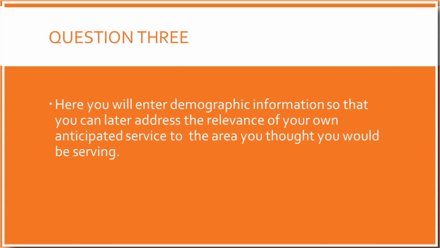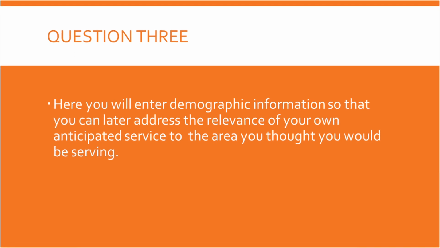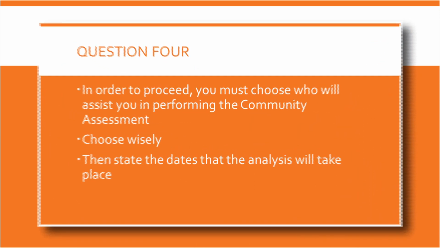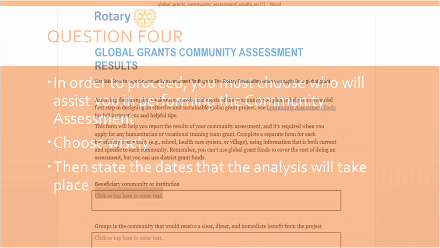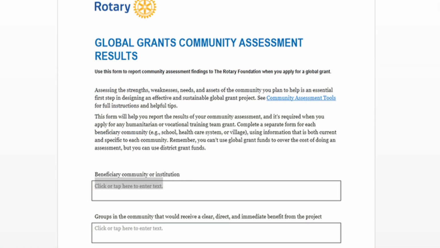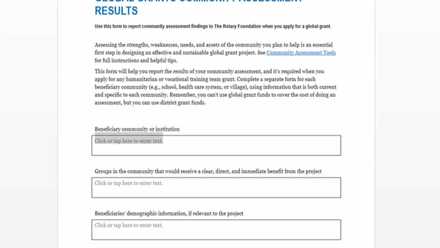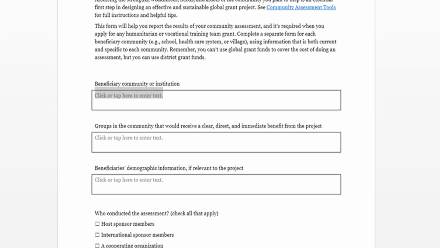After this, you must enter the beneficiary's demographic information, if relevant to the project, so that you can establish how you will confirm compliance with your own definition of community. We're about to discuss the process and mechanisms you'll use to make your analysis. You must provide information to the Rotary Foundation regarding who conducted the assessment by checking off an item or several items from this list.